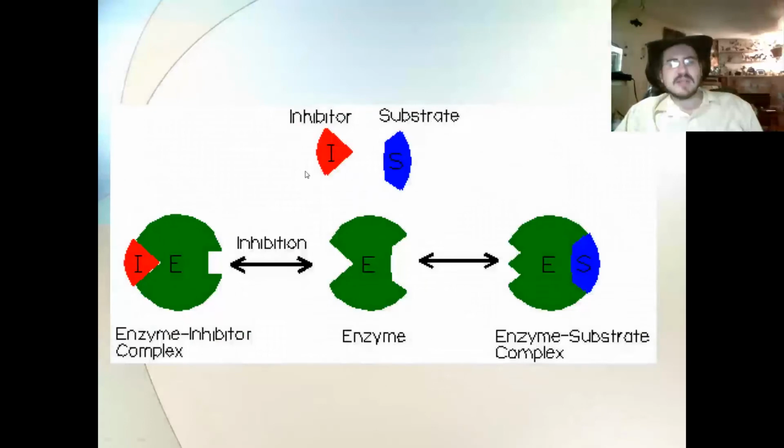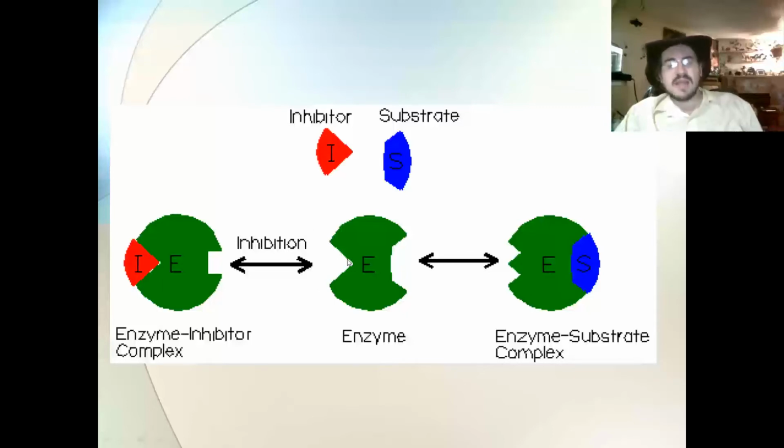So here is a nice little picture of an enzyme here. This is my substrate, so that makes this my active site. And when my substrate binds, I form the enzyme substrate complex and catalyze the reaction. Well, here's my non-competitive inhibitor over here. And here's my site that's other than the active site.